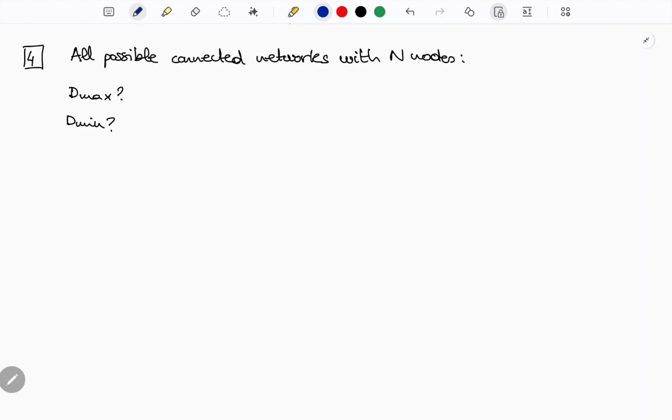So let's think of this problem. Remember that the diameter of the network is the longest, shortest path of the network.